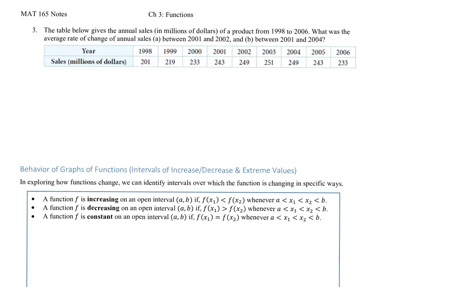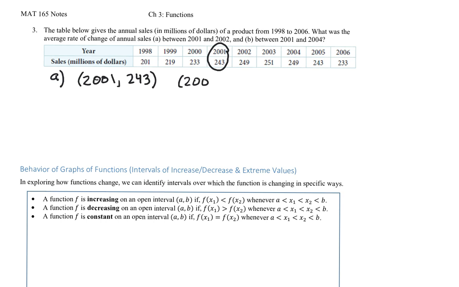Taking a look at number 3, we are given a table where we're given the years from 1998 to 2006 and the sales. These numbers represent millions of dollars. We're asked to find the rate of change between 2001 and 2002 for letter A. So in 2001, we'll notice that the sales were $243 million.